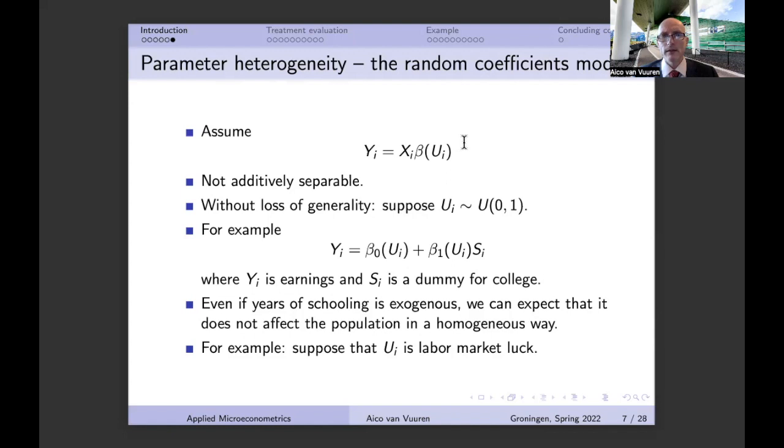So that implies, as we usually say in econometrics, that this model itself is not identified. We cannot investigate both this function beta as well as the distribution function. That means that we have to make a normalization.